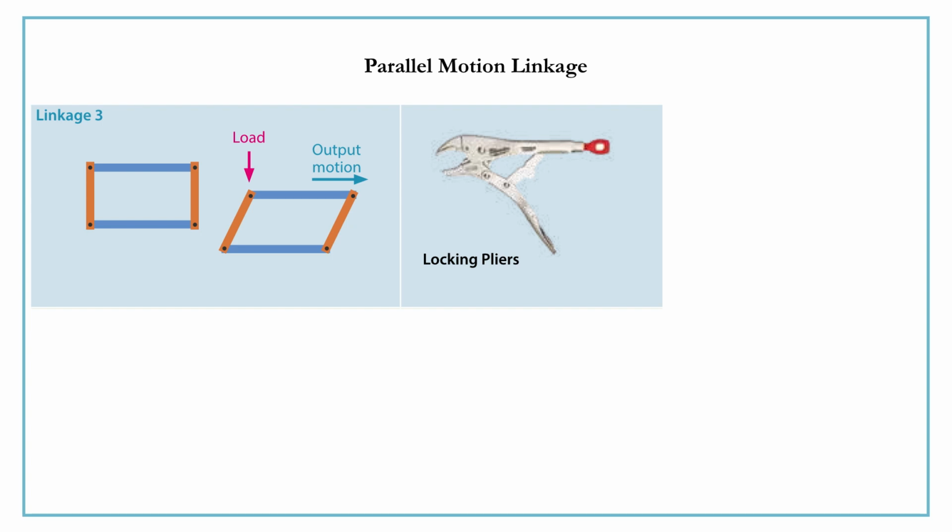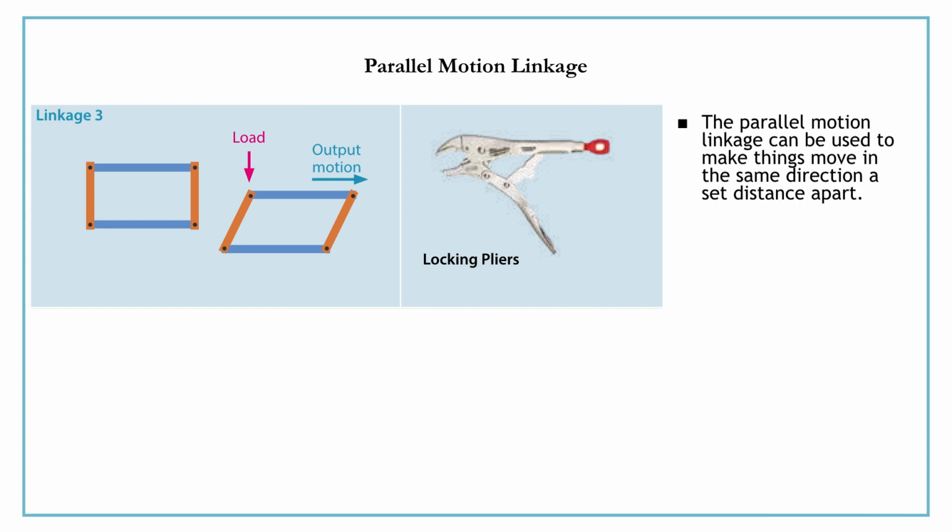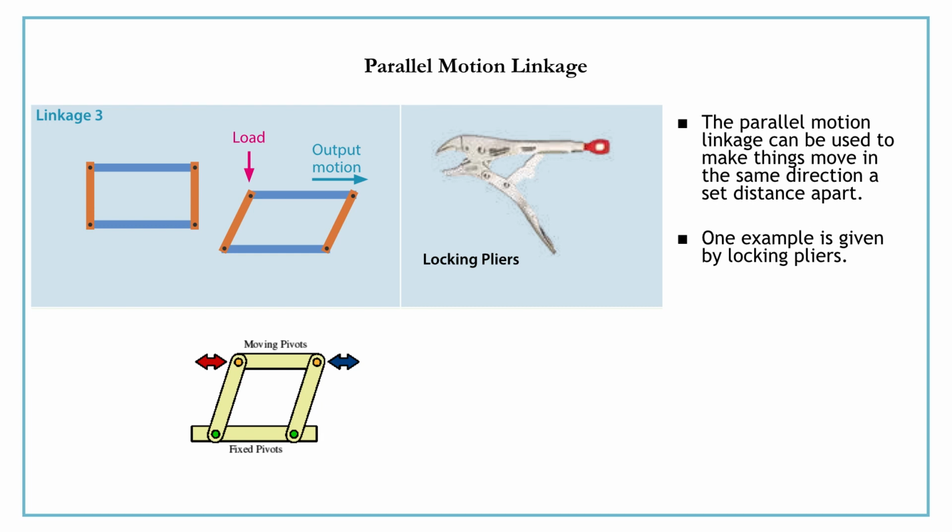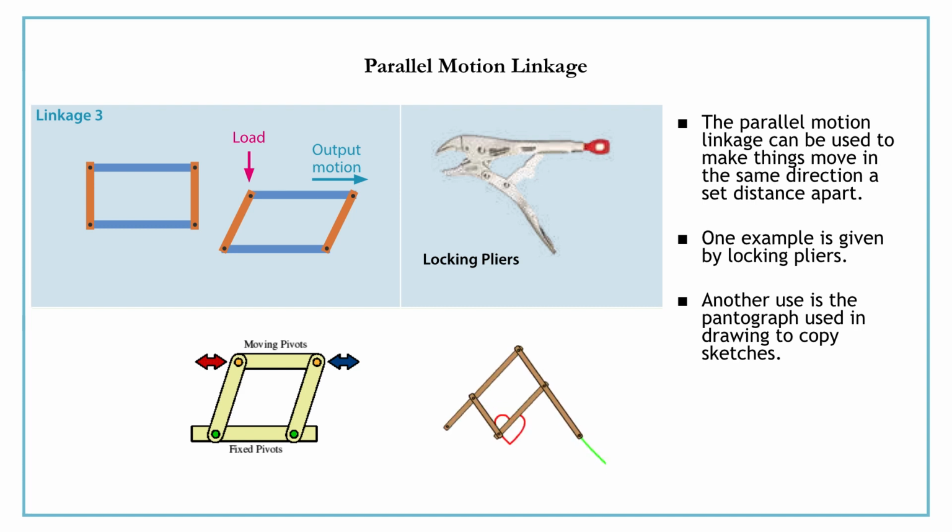The parallel motion linkage can be used to make things move in the same direction at a set distance apart. One example is given by the locking pliers. Another use is the pantograph used in drawing to copy sketches.